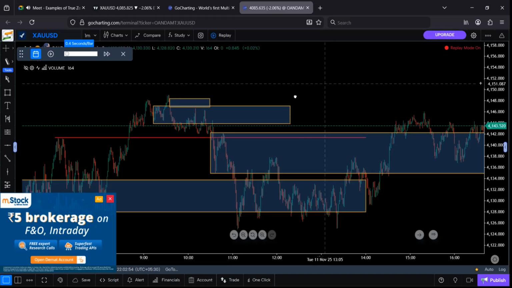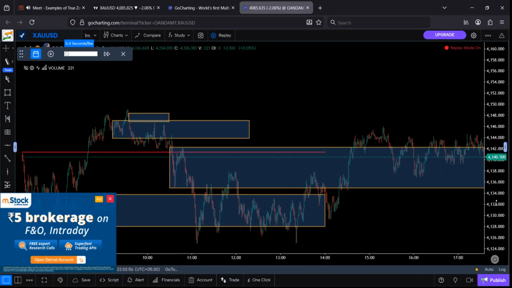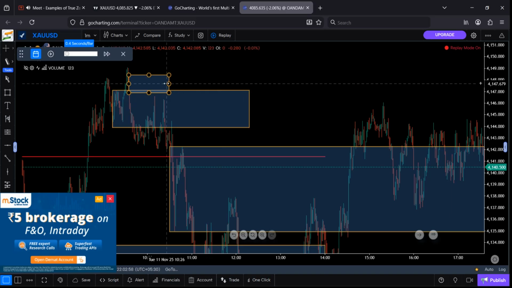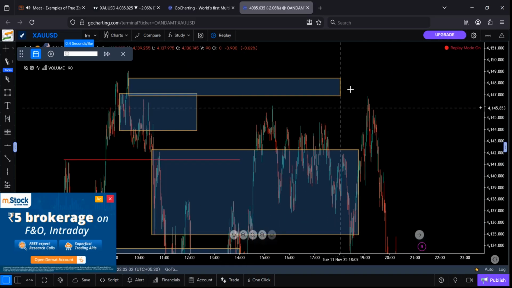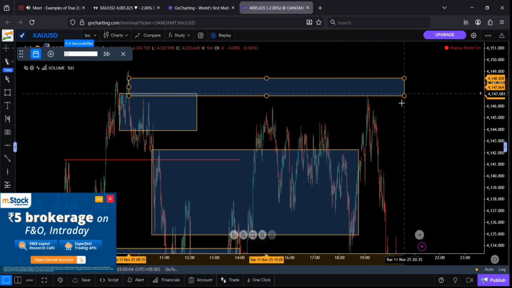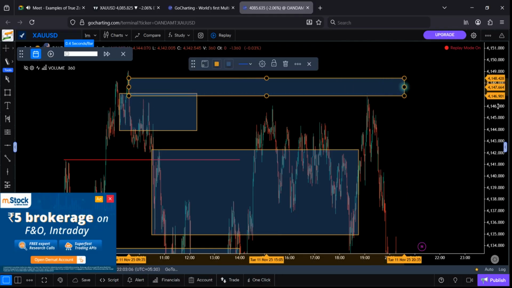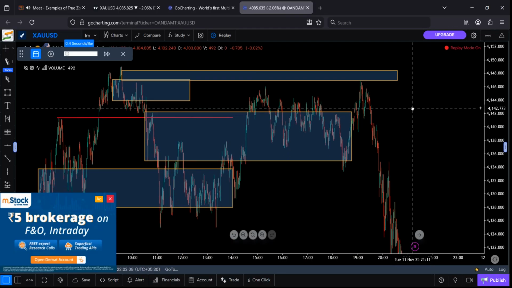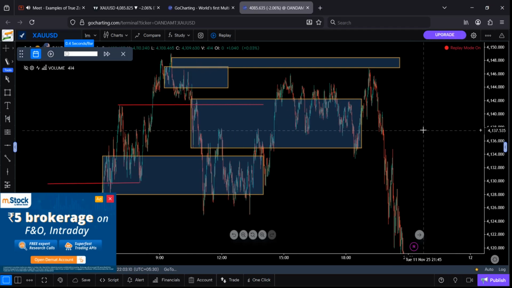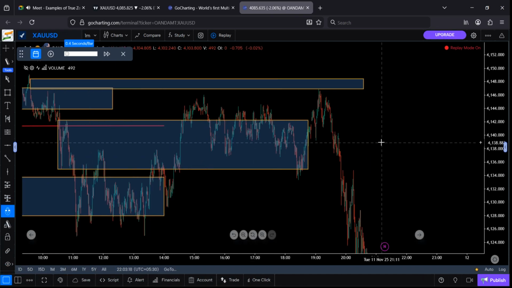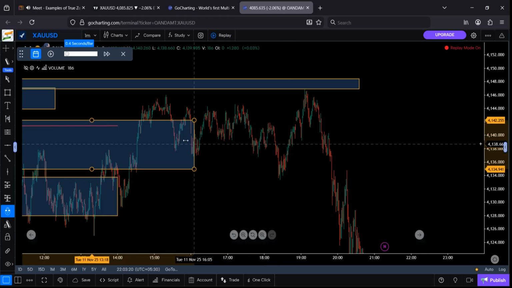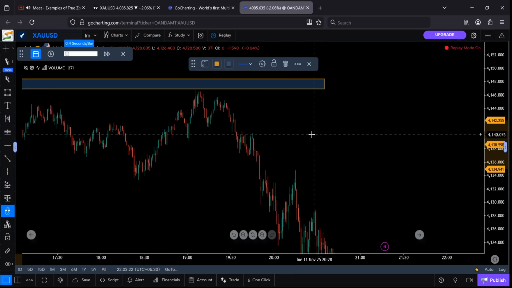So price in the future goes back like this and hits this DP, right? So even if price goes back in the future and hits this DP, what we can do here is go on a lower time frame and look for the entry here.